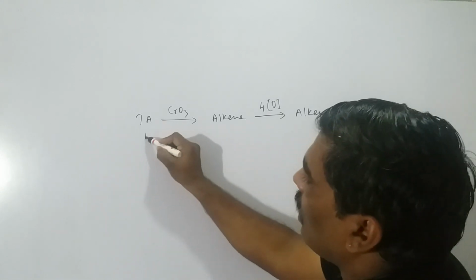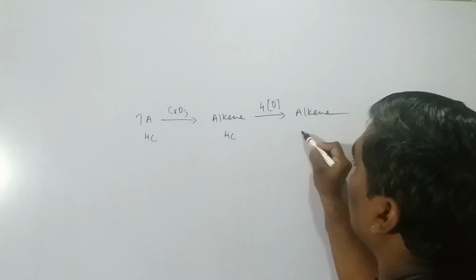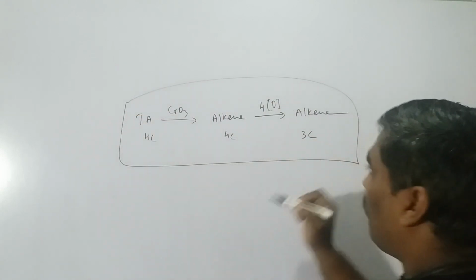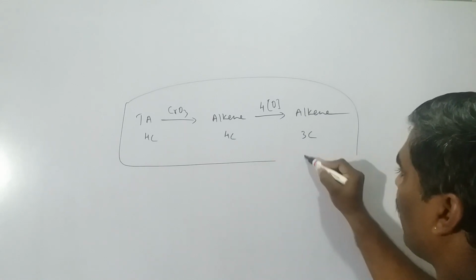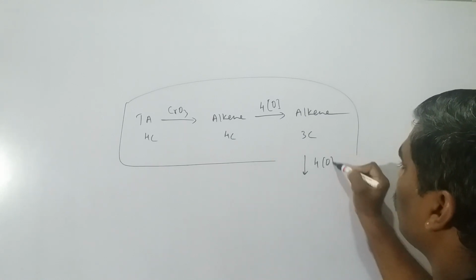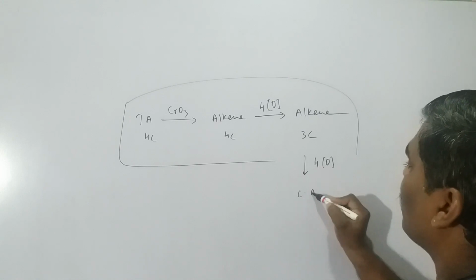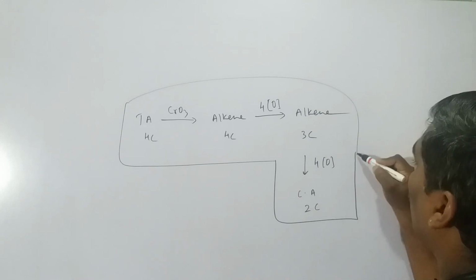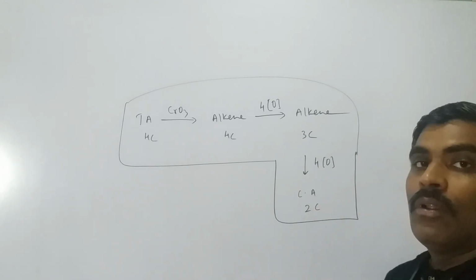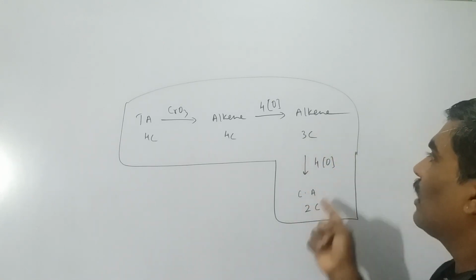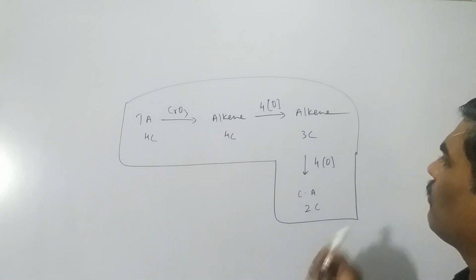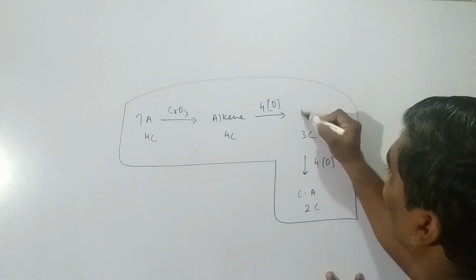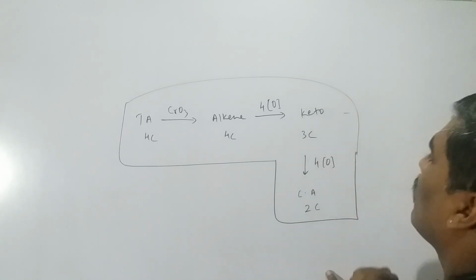So if you have four carbons here, you'll have three carbons here. Further oxidation can be done actually. With four oxygen, it can give a carboxylic acid which contains one carbon less than the alkene. By mistake, just now I wrote ketone here.